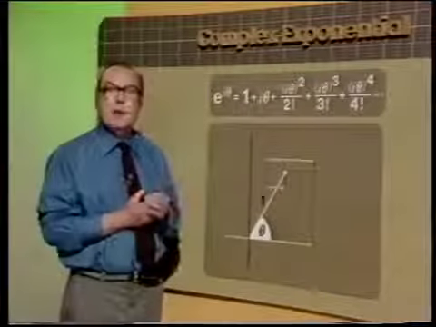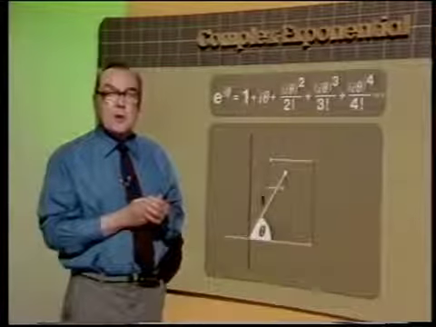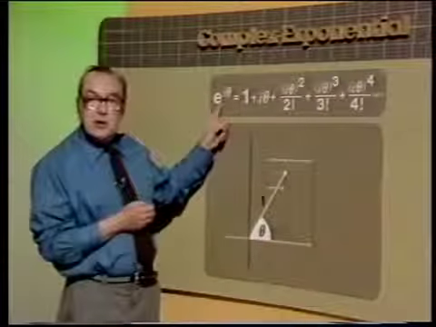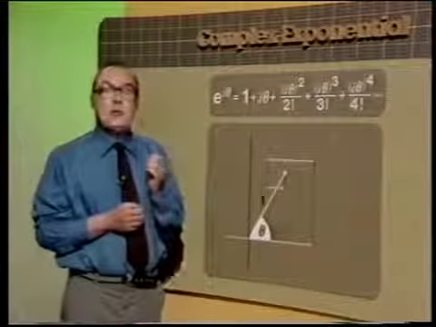But there's another way of arriving at these coordinates, an algebraic way, which you can investigate afterwards. And it uses the series for e to the i theta, and the clue is to examine the real and the imaginary parts separately. The real terms of the series correspond to the horizontal distances.